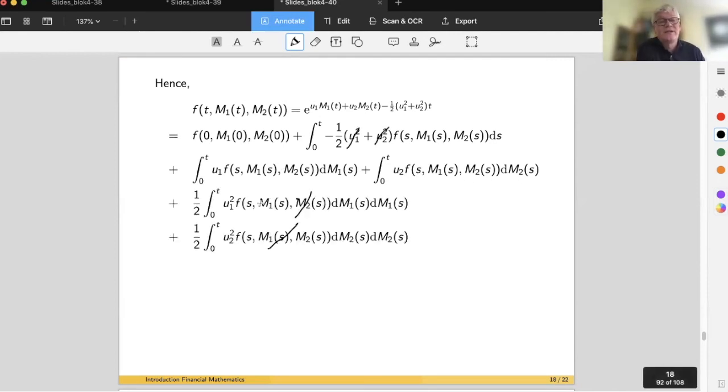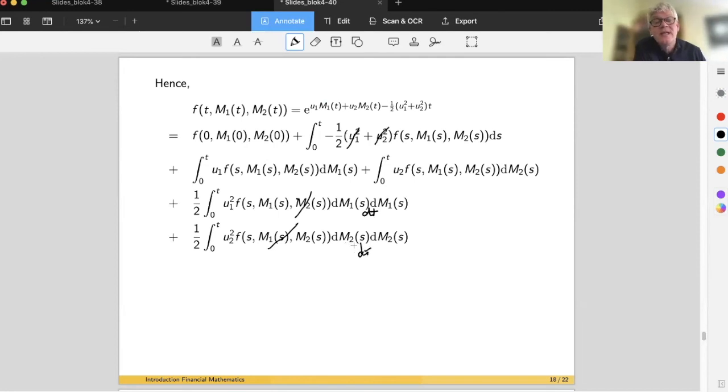And the second derivatives: plus 1/2 the integral from 0 to t of u1 squared f dM1 dM1, where dM1 dM1 is equal to dt, plus 1/2 the integral from 0 to t of u2 squared f dM2 dM2, that is equal to dt.